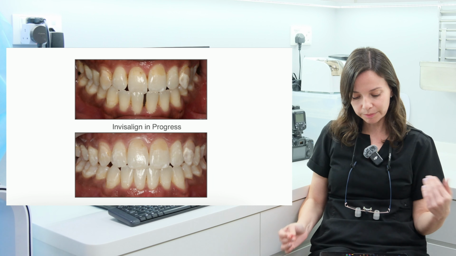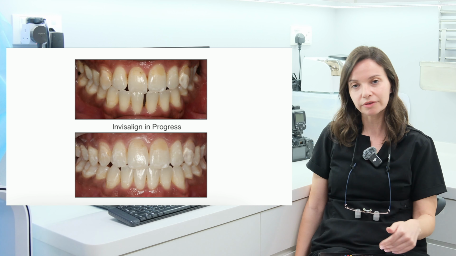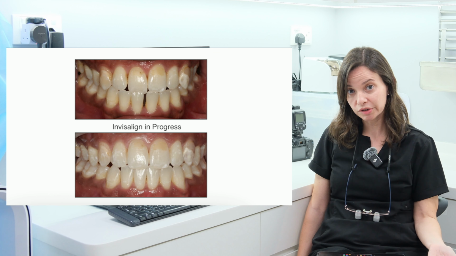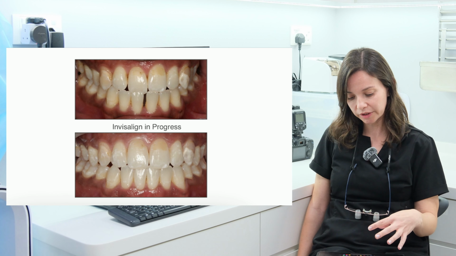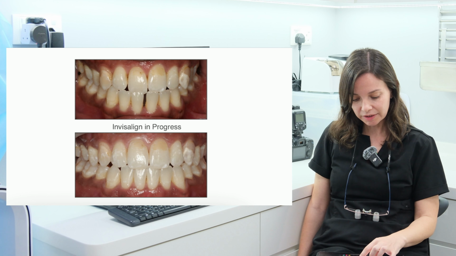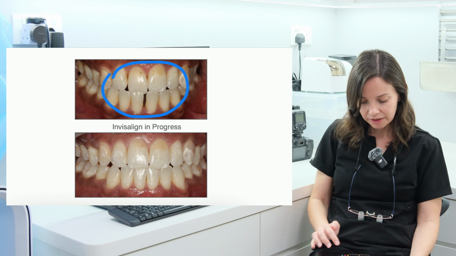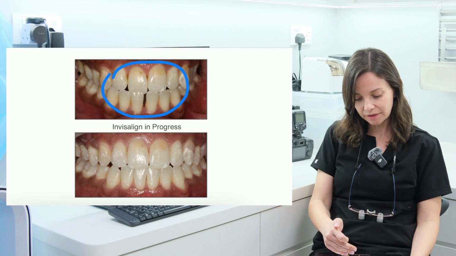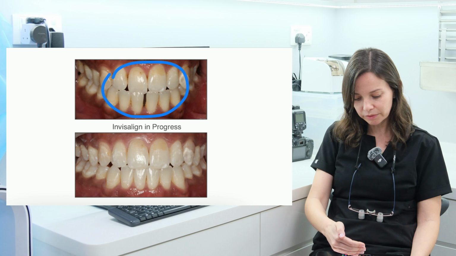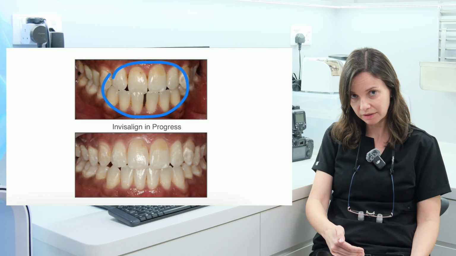This is a little bit more of a complex case. However, Invisalign can also be used to treat this. This is actually also a relapse after traditional braces where the patient didn't wear their retainer. And unfortunately, what has happened in this situation, as you can see here, is that the bottom teeth have shifted forward on top of the front top teeth.